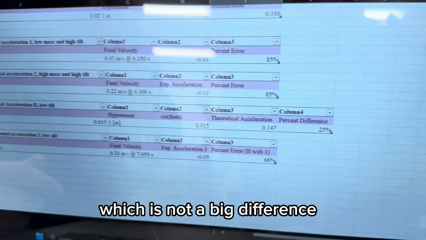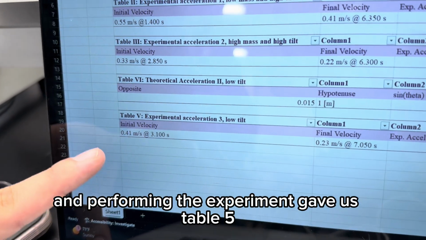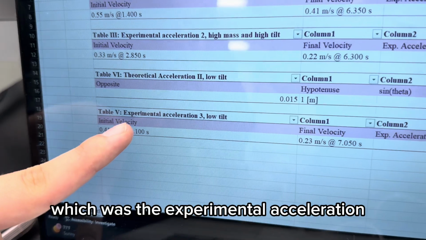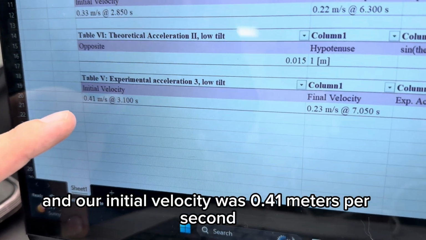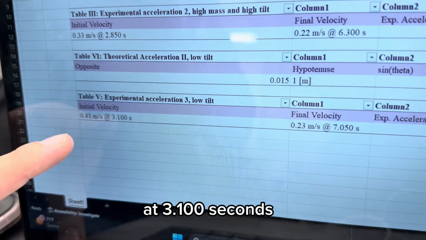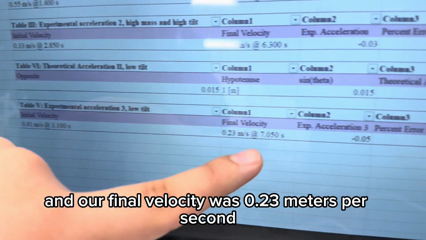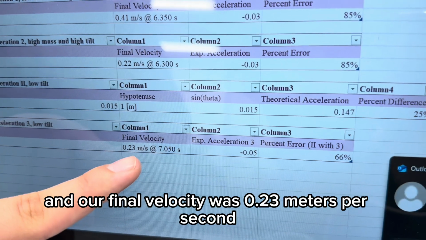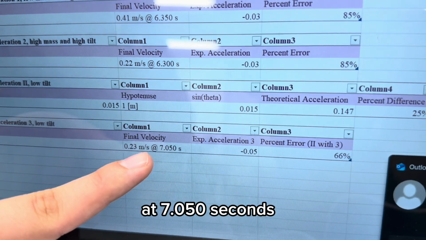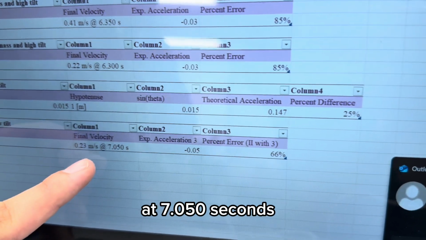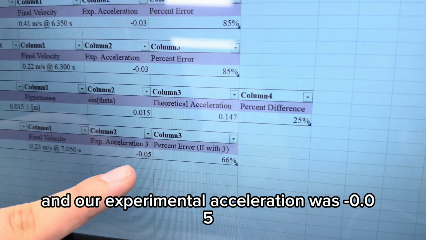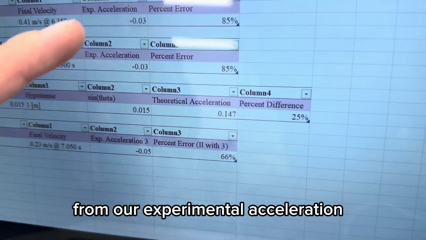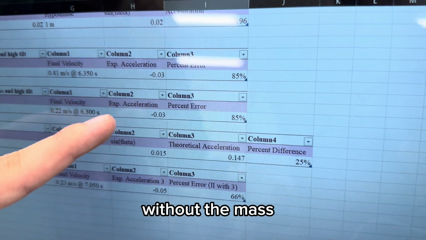And performing the experiment gave us table 5, which was the experimental acceleration low tilt again, and our initial velocity was 0.41 meters per second at 3.100 seconds, and our final velocity was 0.23 meters per second at 7.050 seconds. And our experimental acceleration was negative 0.5, which was not a big difference from our experimental acceleration without the mass.